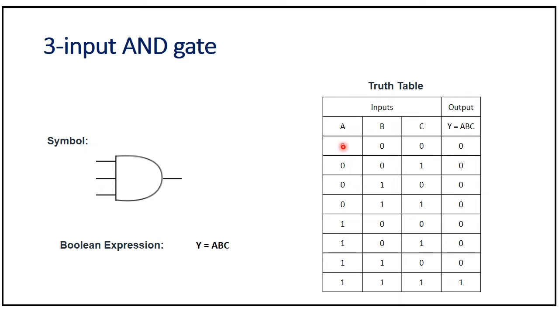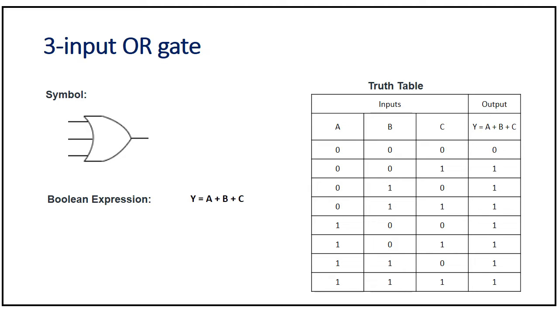So if all 3 are 0, here output is 0. If 2 inputs are 0 and C is 1, then again output is 0. In the same way, if any one input is 0, then your output will be 0. So keep in mind, with AND gate, all inputs should be 1, and only then your output will be 1. Otherwise, output will be 0.